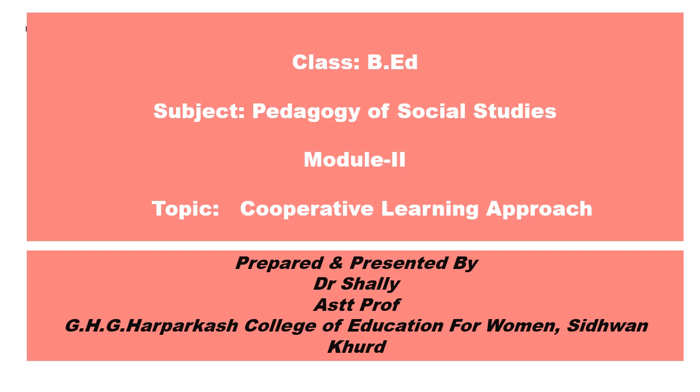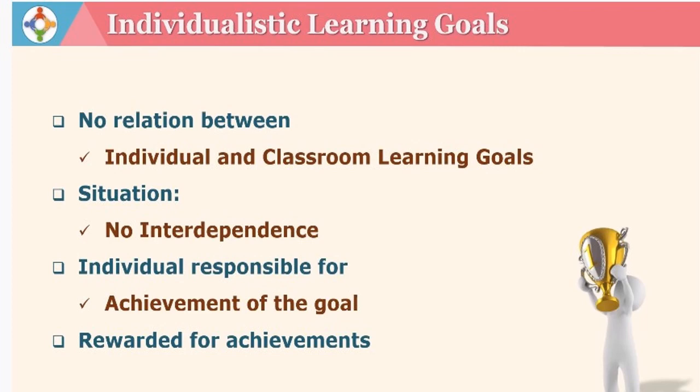So let us begin. As we all know, traditional teaching is based on individualistic learning goals. In the traditional teaching method, individuals have their own learning goals, and there is no relationship between individual goals and classroom learning goals.